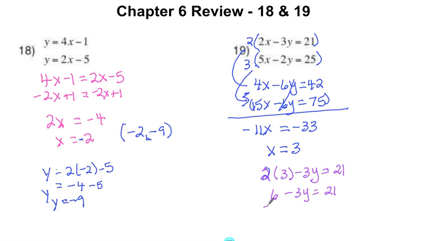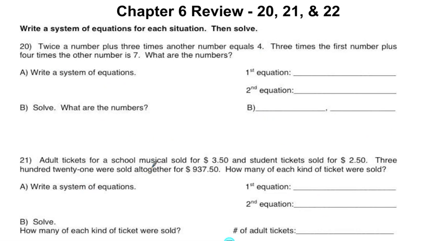And 21 minus 6, so negative 3y equals 15. So y is going to equal negative 5. And so my solution here is 3, negative 5.